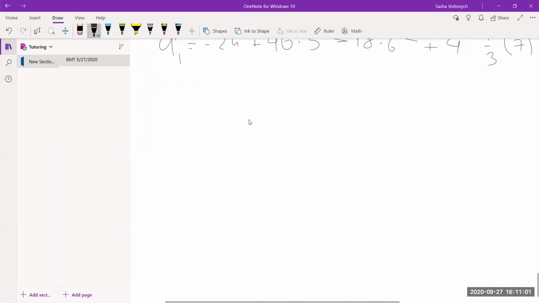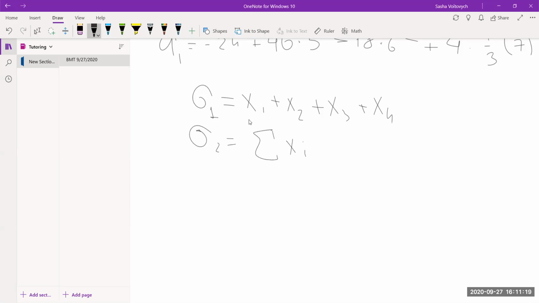For 4 variables, these elementary symmetric polynomials are: sigma 1 is equal to x1 plus x2 plus x3 plus x4. Sigma 2 is the sum of all products of 2 variables.